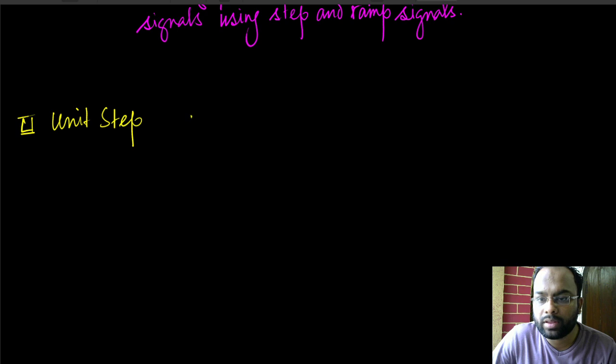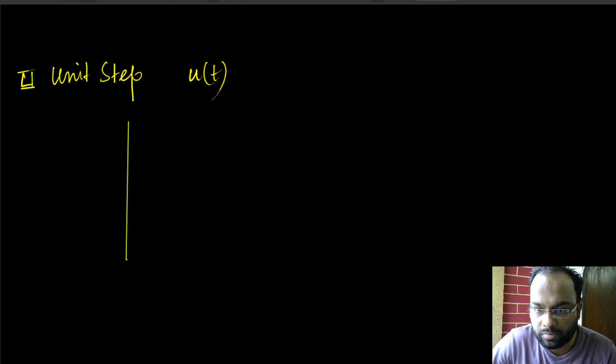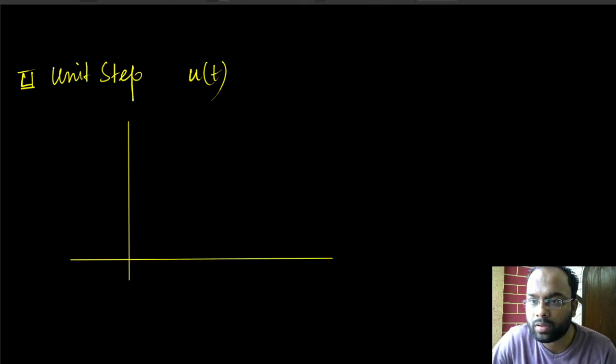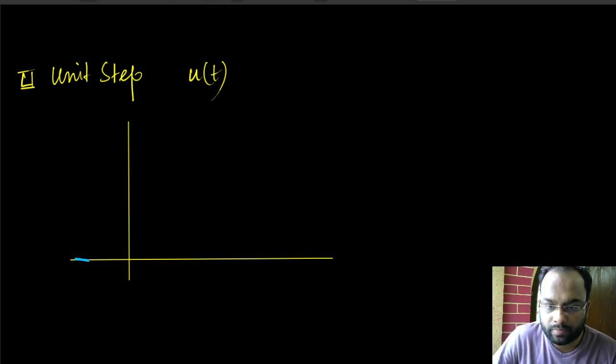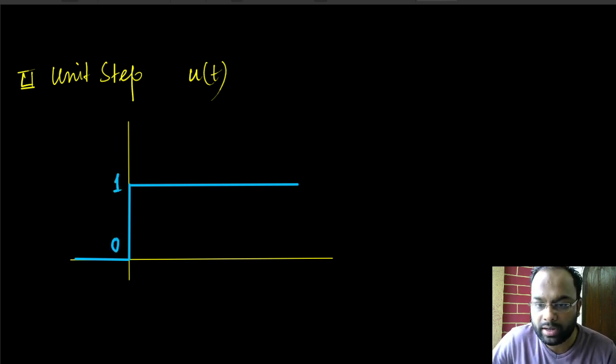So unit step is expressed as u(t). All of you know that. This is kind of what it looks like, right? So that's my u(t), and the value is 1.